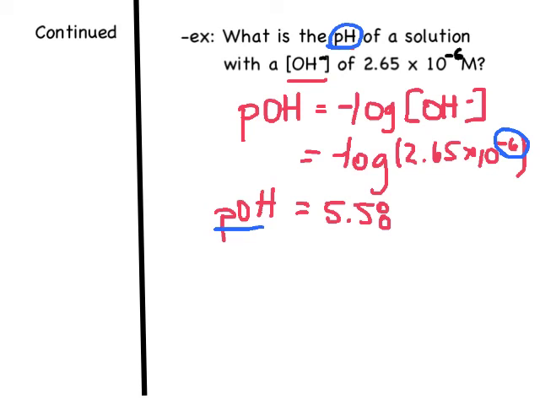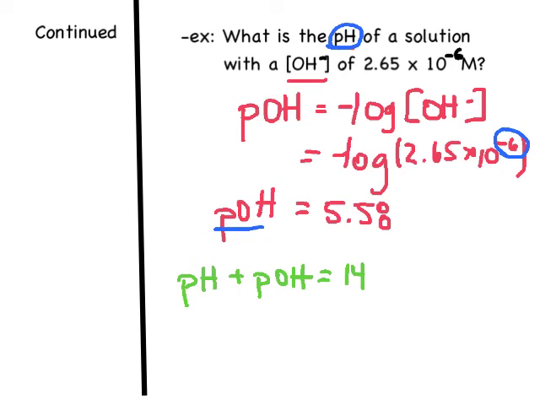So if we have pOH and we need to find pH, how are we going to do that? Well, we are going to use the concept that we talked about earlier, where pH plus pOH equals 14. We know that the pH of a solution plus the pOH of the solution must equal 14.